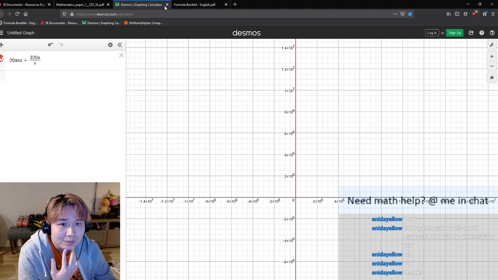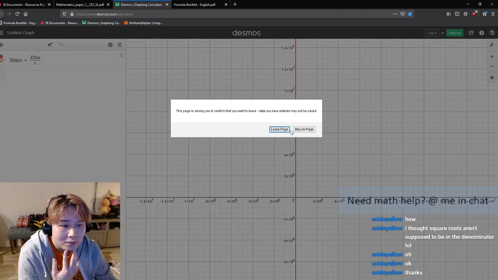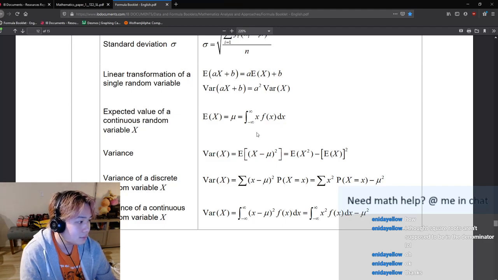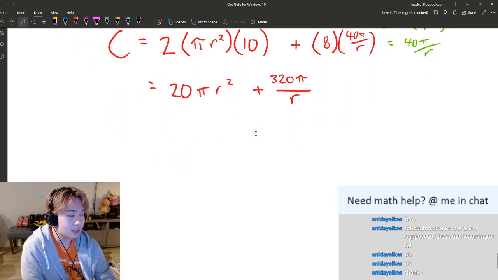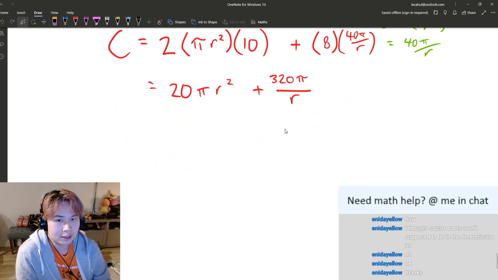Lame. Okay, then I guess we'll have to do this manually. So to optimize, we're going to take the derivative and then solve for r.